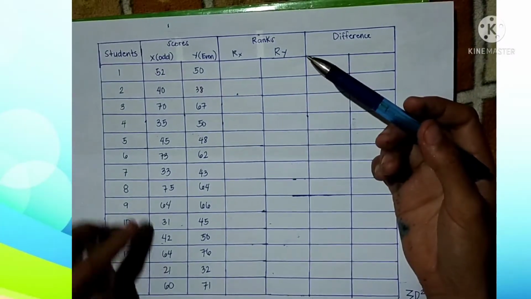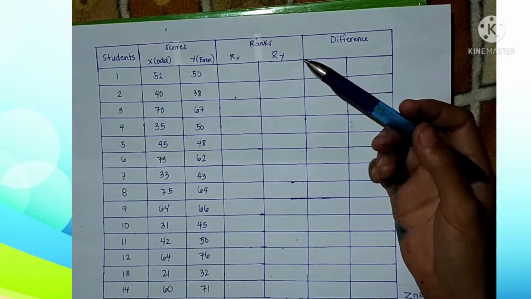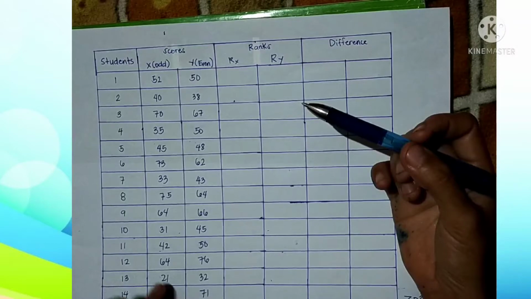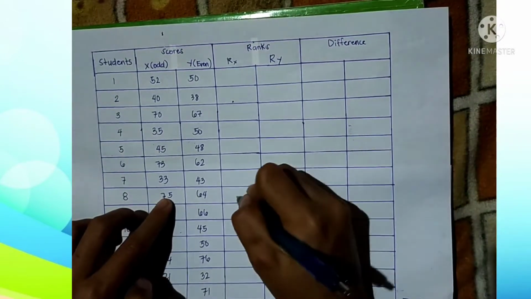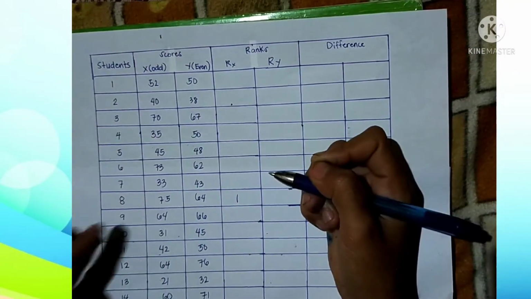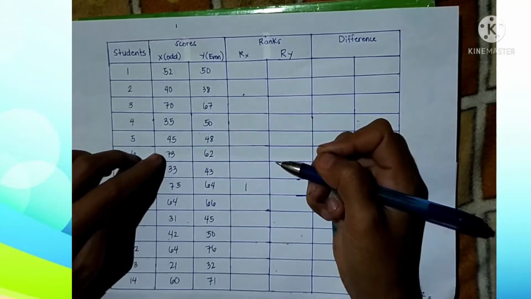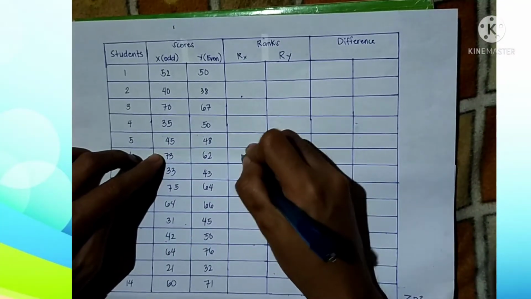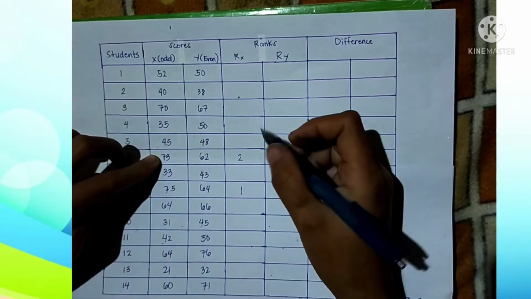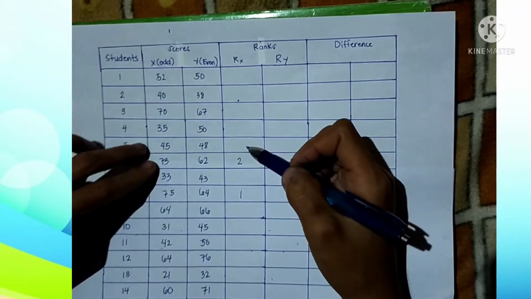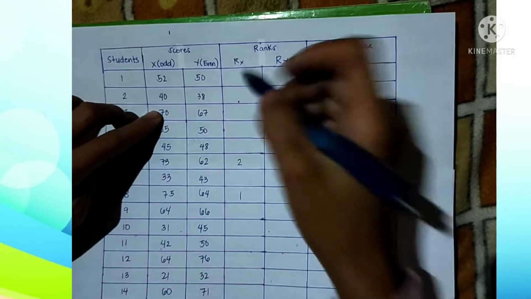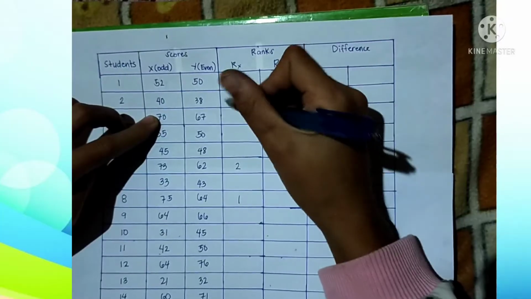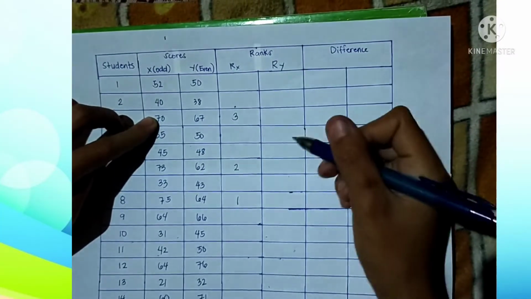The highest score in the odd items is 75. Next is 73. We are going to rank 2. Next is 70. We are going to rank 3.